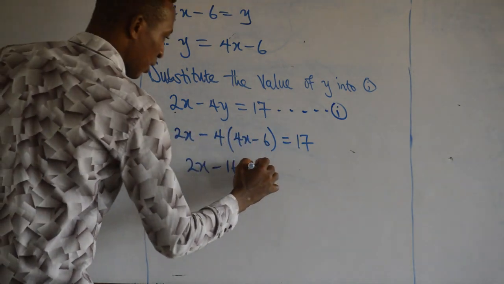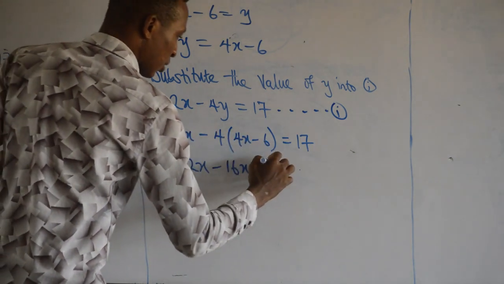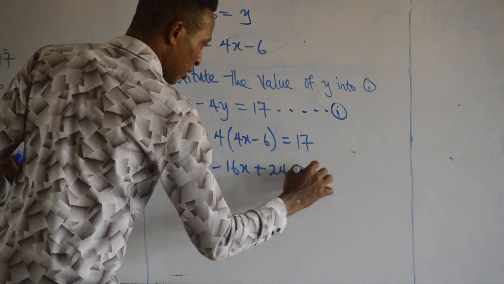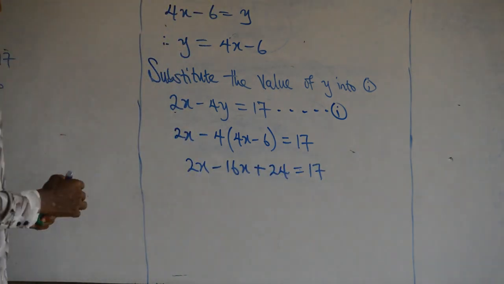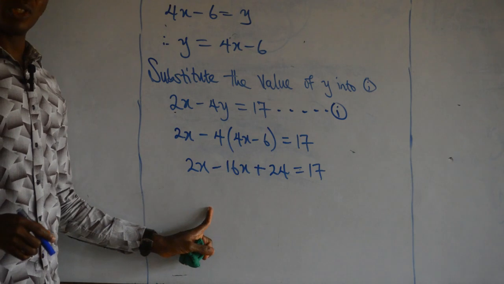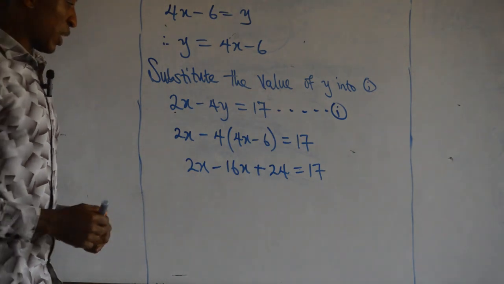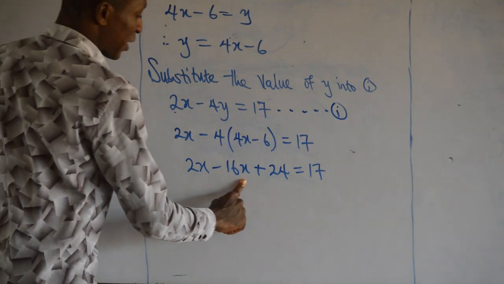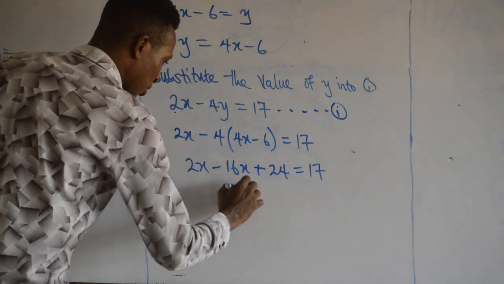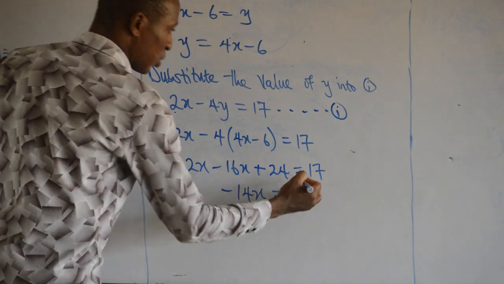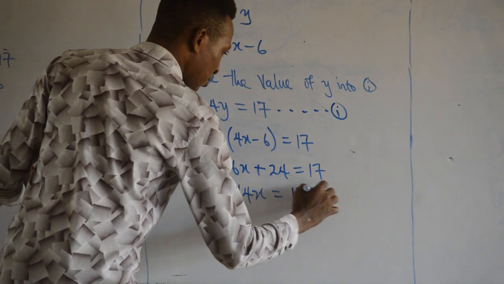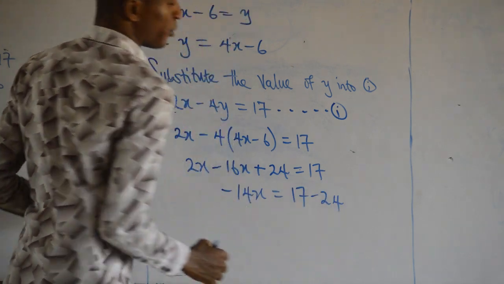Minus times minus here plus 4 times 6, 24. Everything equals to 17. Now what we just need to do is collect the like terms here. So when you are collecting the like terms, 2x minus 16x gives you minus 14x equals to, here now we have 17 minus 24.